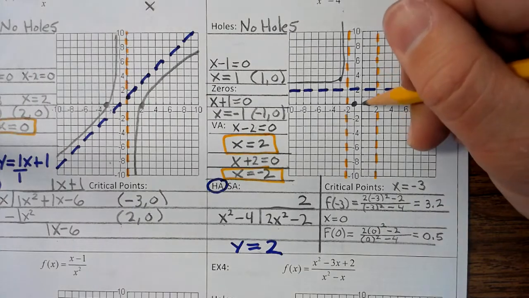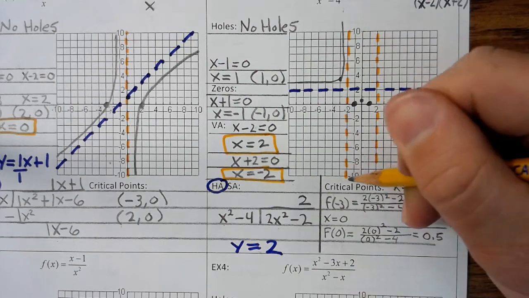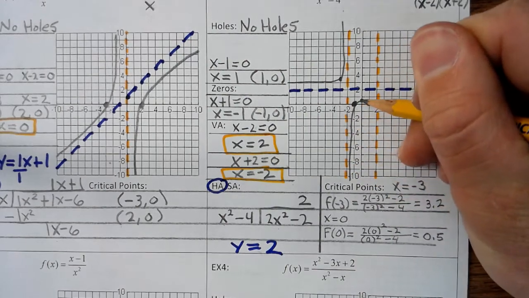So then 0.5 is here. That tells us that the curve doesn't go above this. So our curve is here.